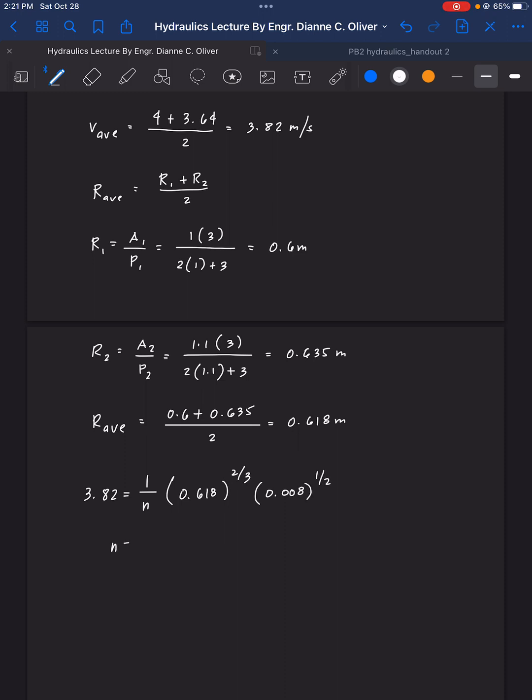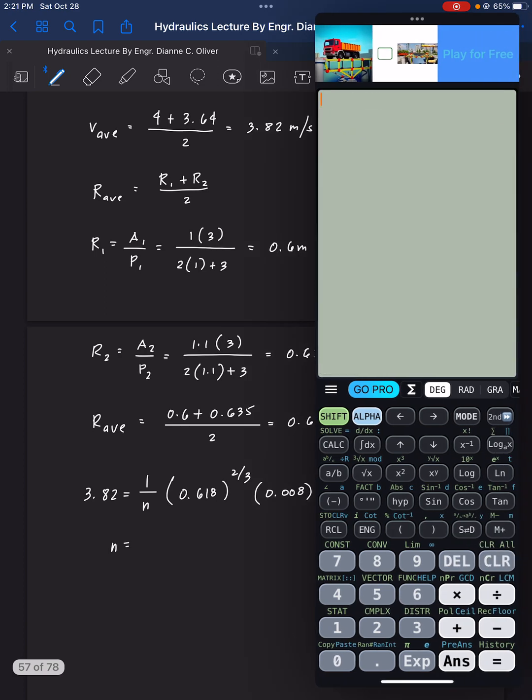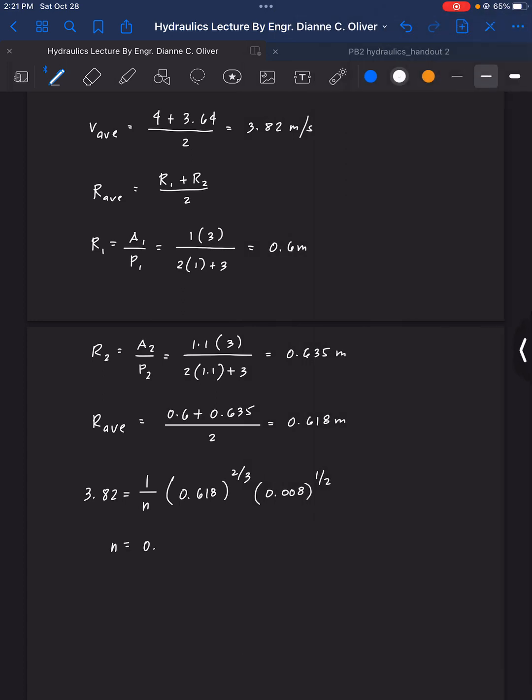So what is n? We use 0.618 raised to 2/3 times 0.008 raised to 1/2 all over 3.82. So n is equal to 0.017.